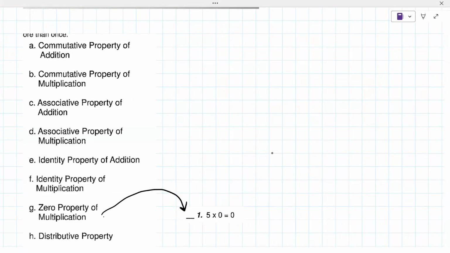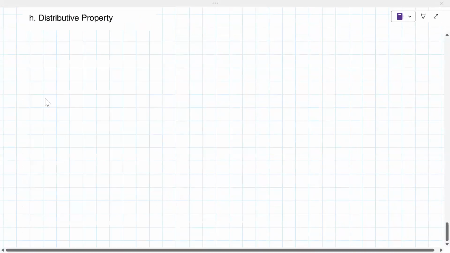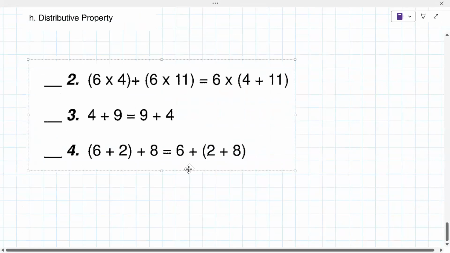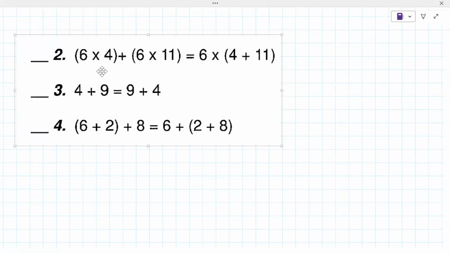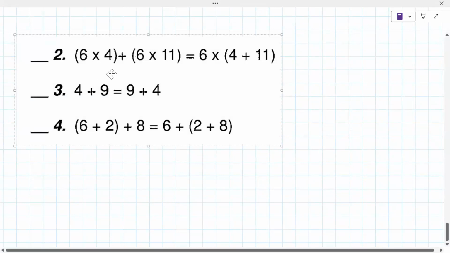All right. Let me put a couple of these on the screen here, and you can just say what it is. Two is distributive. Three is associative. Okay.